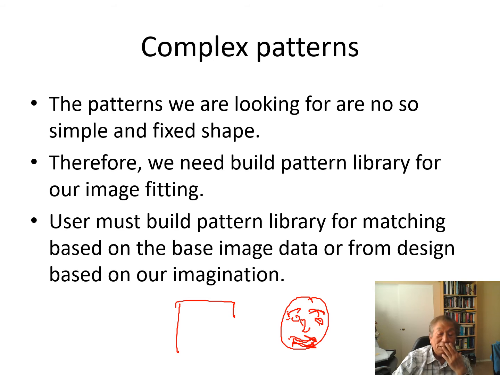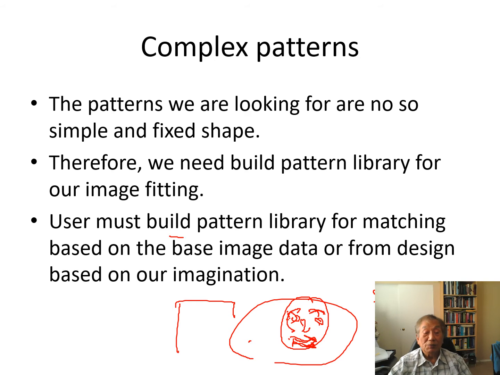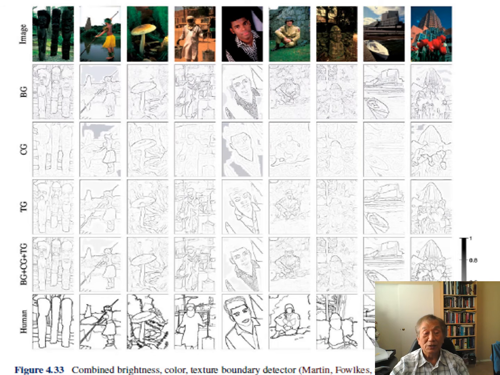And again, if you have those things SIFTed, then it can be applied to different sizes, different orientations in any way you like. So build a pattern library for matching based on base image data, or from design based on our imagination or our experience, like that. So you have a complex pattern generated.